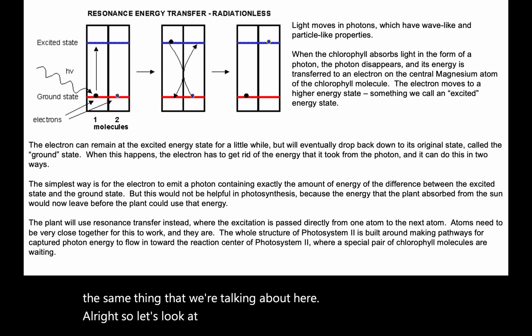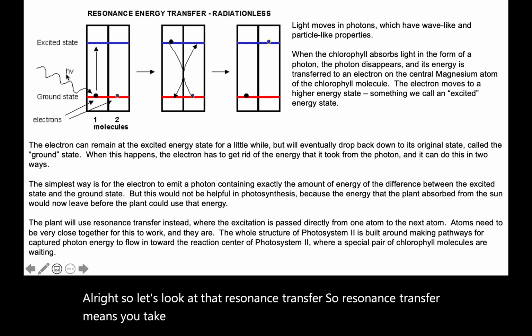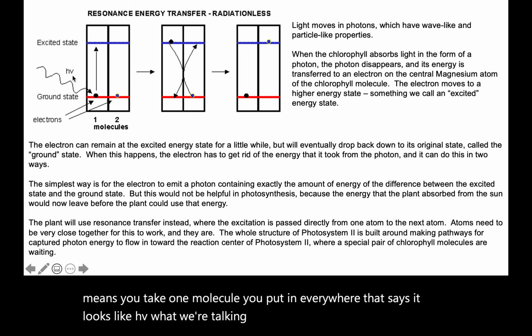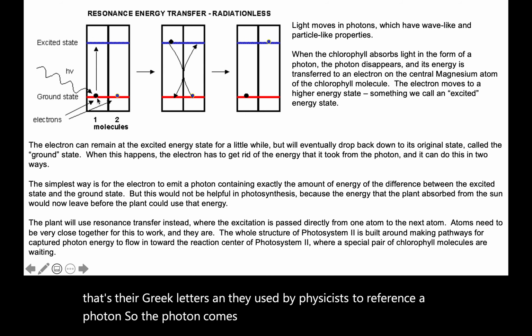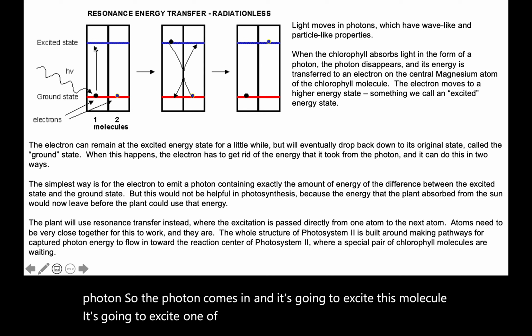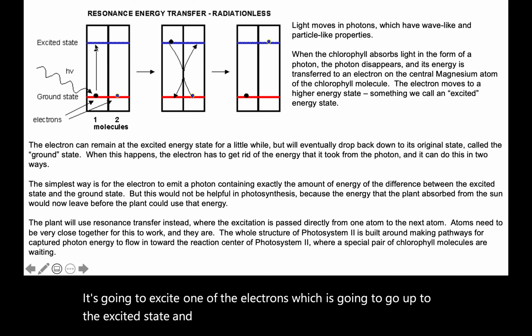Resonance transfer means you take one molecule, and everywhere that it looks like hν, what we're talking about there is a photon of light. Those are Greek letters, and they're used by physicists to reference a photon. So the photon comes in, and it's going to excite this molecule. It's going to excite one of the electrons, which is going to go up to the excited state, and it'll lose a little bit of energy if it needs to.